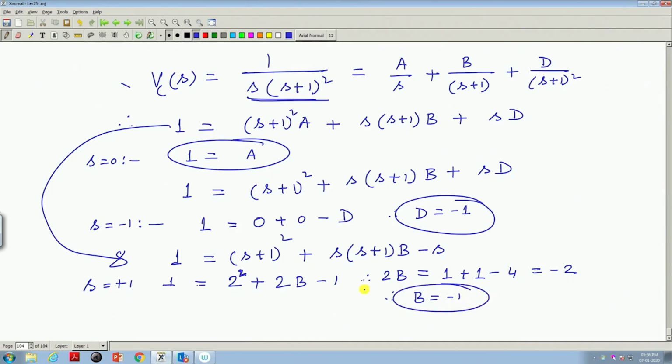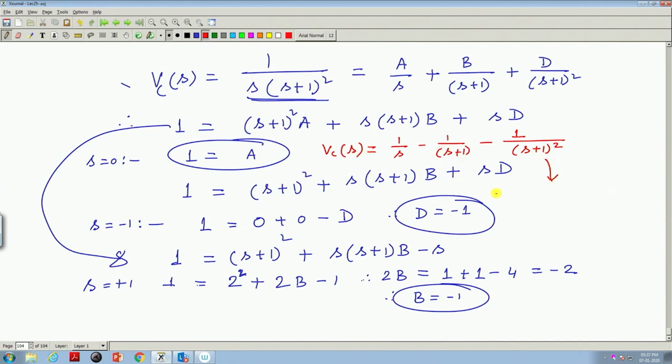If this is correctly obtained, then I will say that VCS, let me write on this page only, VCS will become a is equal to 1 over s, b is equal to minus 1 by s plus 1, and d is also equal to minus 1 by s plus 1 whole square. This will be VCS.